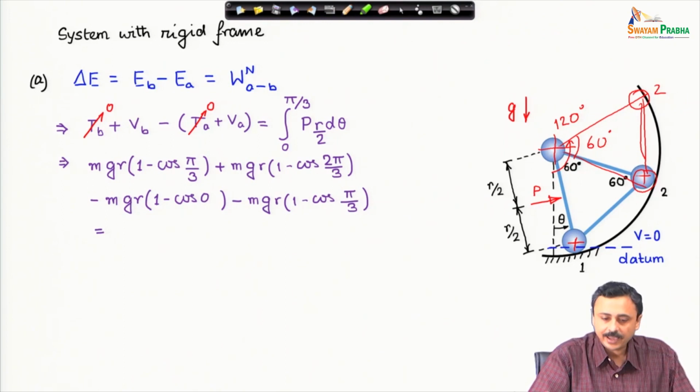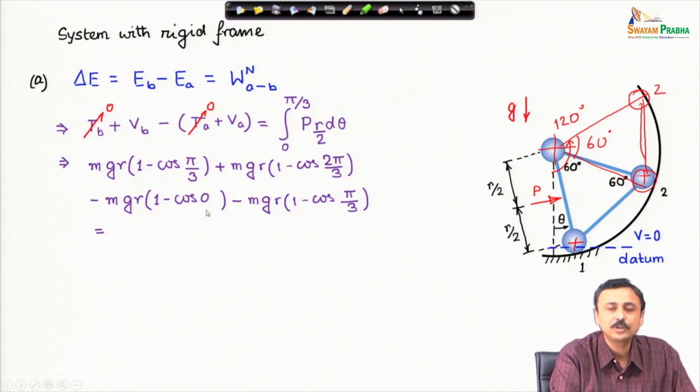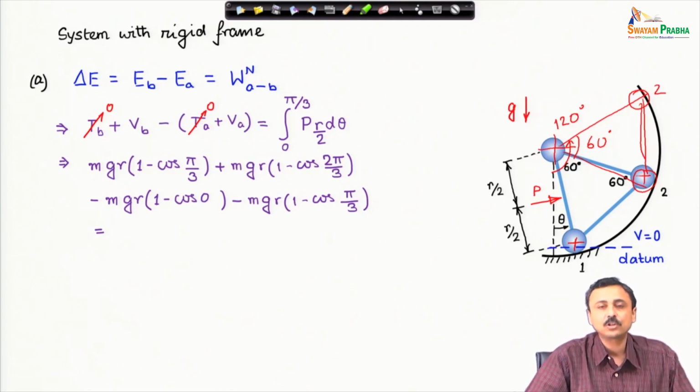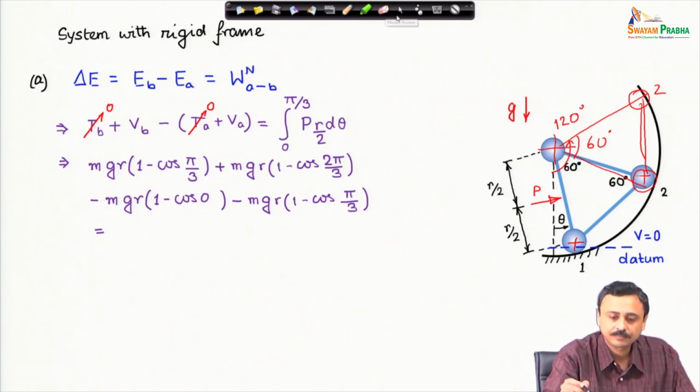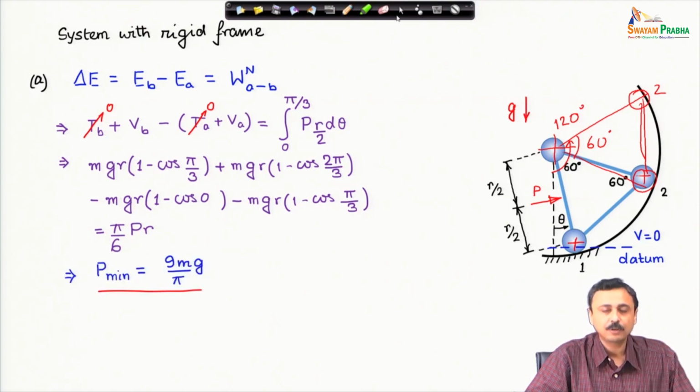In state A, the lower mass point potential energy becomes 0, since cos 0 is 1. The second term gives us minus mgr(1 minus cos of pi by 3), and this must equal the work done by the external applied force, which turns out to be pi by 6 PR. From here you can get P min as 9 mg by pi.